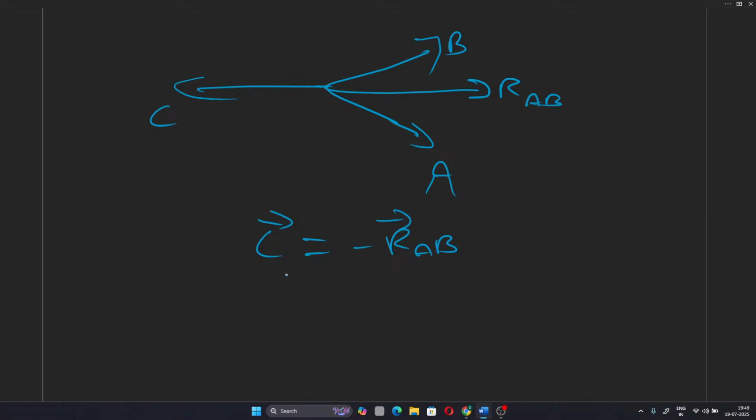Then the total is 0. So this will produce a 0 vector. So this is not correct.